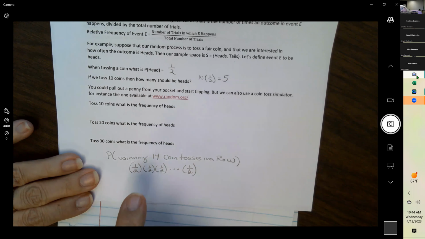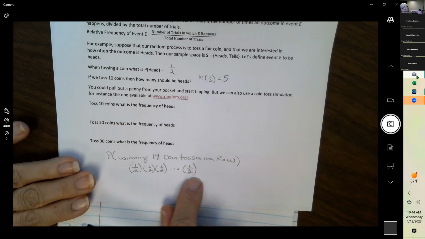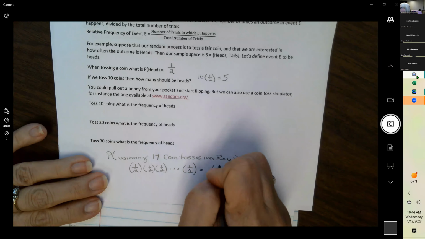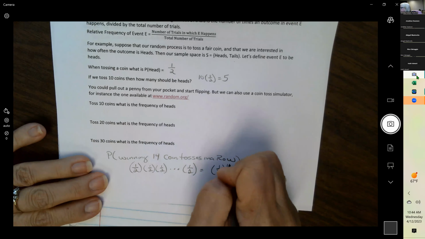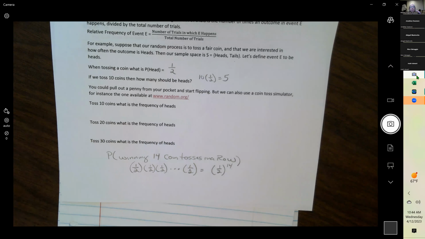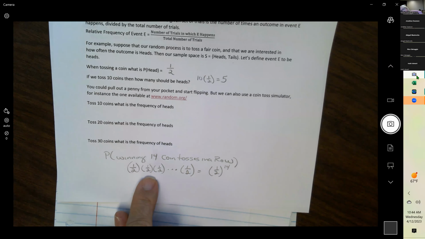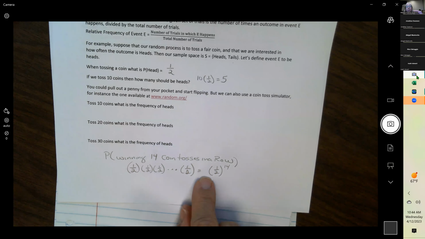One half times 1/2, 14 times, is the probability of winning 14 coin tosses in a row. That's the same as 1/2 to the 14th, because you're multiplying the same number times itself 14 times. So you could take 1/2 times 1/2 times 1/2, 14 of them, or you can take 1/2 to the 14th power.